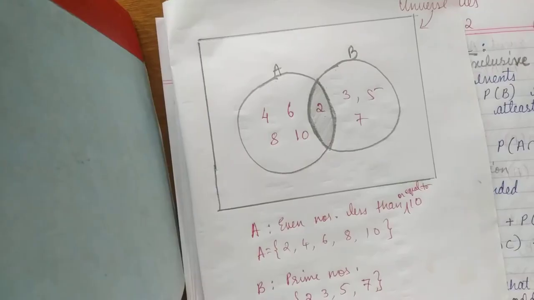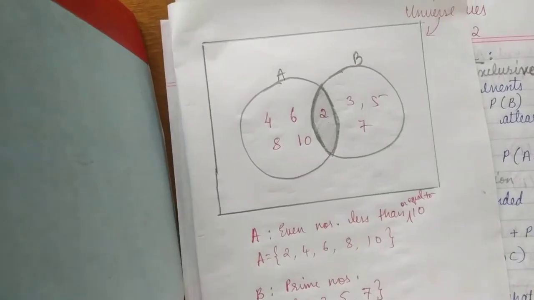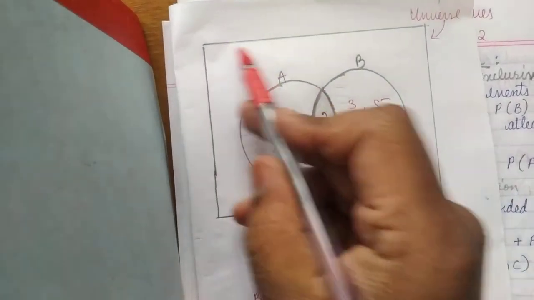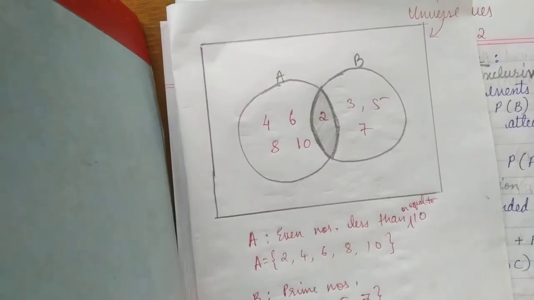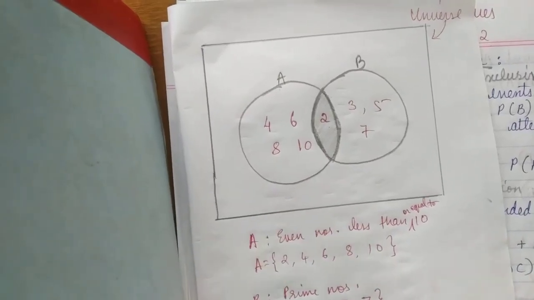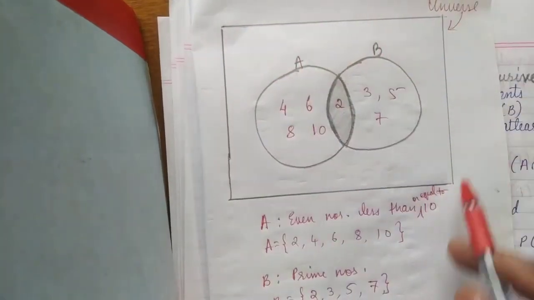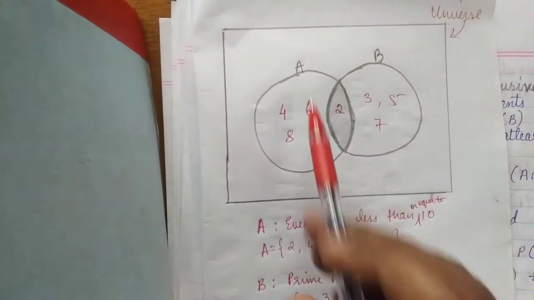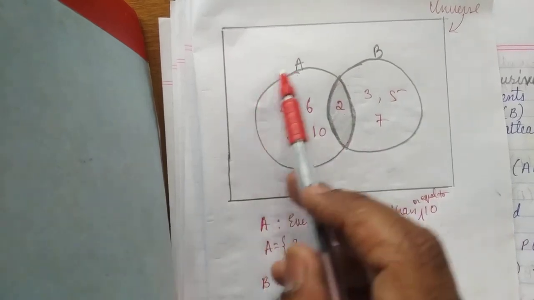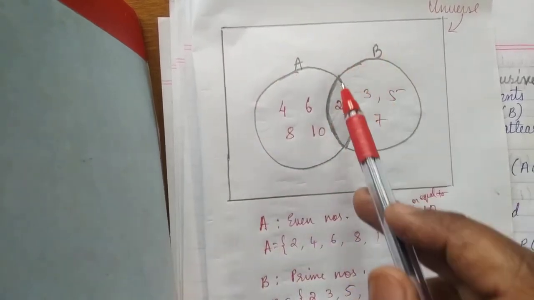Now tell me, if you want to find out the probability, suppose the answer will lie within this rectangle, so the probability of the entire universe will be equal to 1. That is, this is the total probability. Now this is a set, this is one more set.